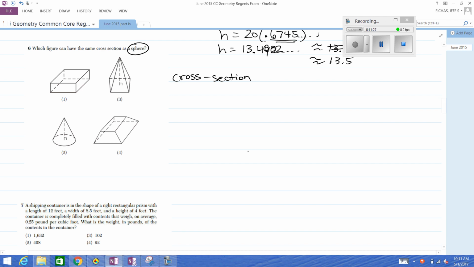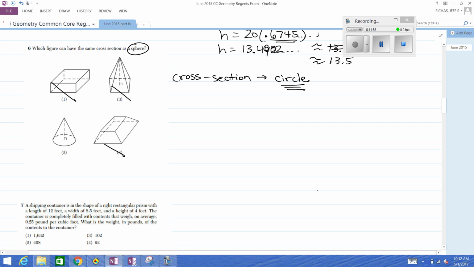If you slice through a sphere, the cross section is going to be a circle. You'll get a flat surface, and the 2D shape you're looking at is the circle. Now, if we slice through this figure, you might get a triangle or some shape that's got segments for sides. But you're never going to get that curve that you need for a circle. So none of these are going to work.